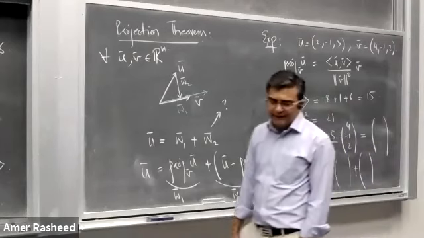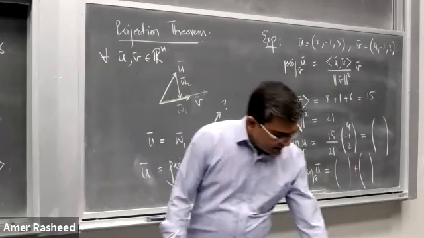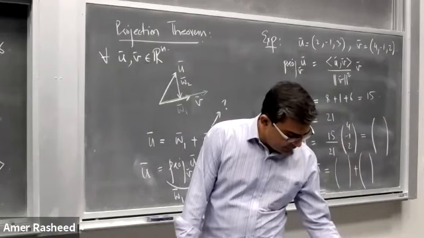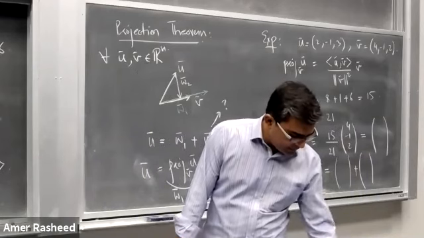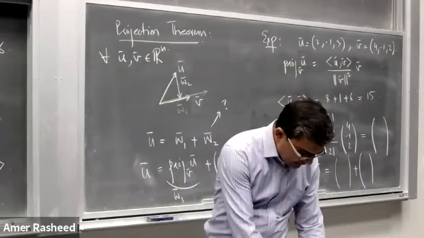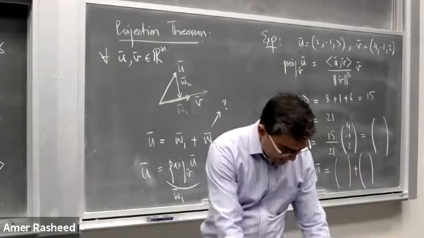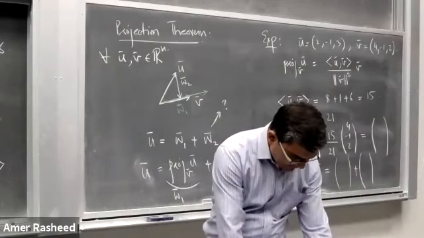I hope you can do it. If you have any question, you can ask me. These are the projection of U along V and orthogonal to V. These are very important concepts which we'll use very frequently in the upcoming concepts.